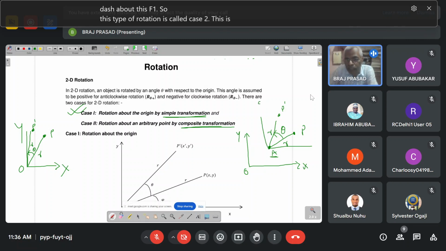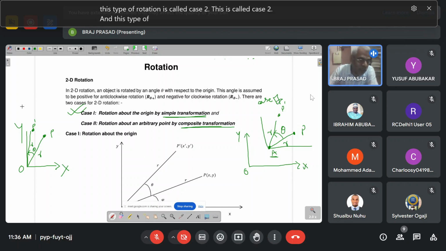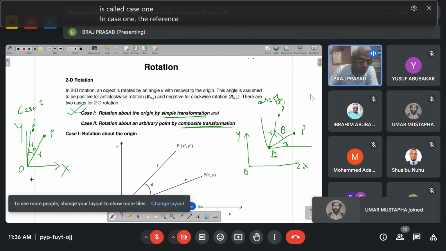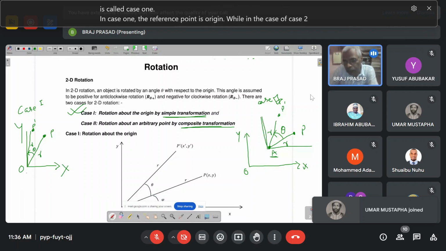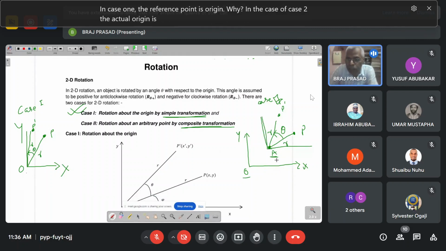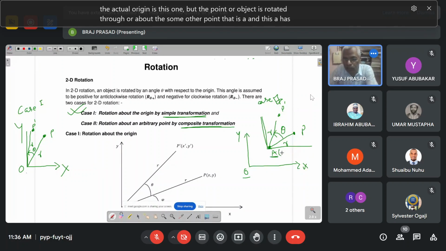This type of rotation is called case 2, and the earlier type is called case 1. In case 1, the reference point is the origin, while in case 2, the actual origin is this one, but the object is rotated about some other point, that is A, and this A has some coordinate.